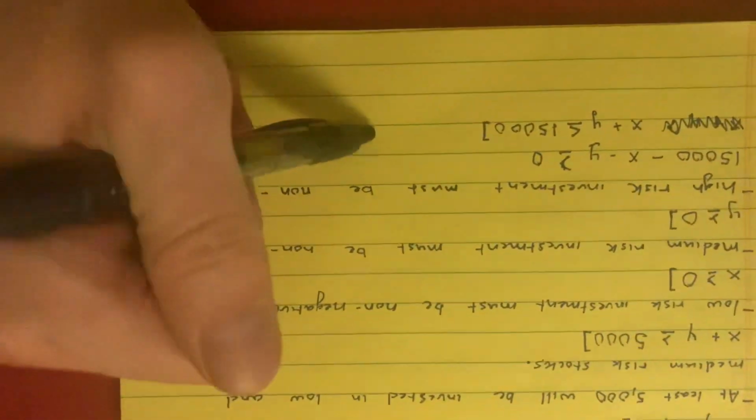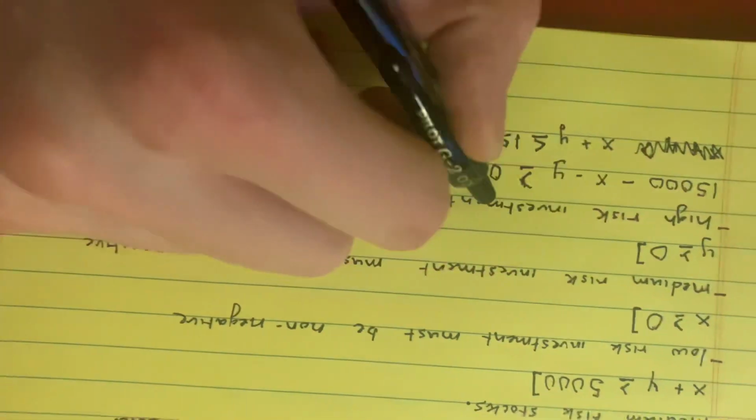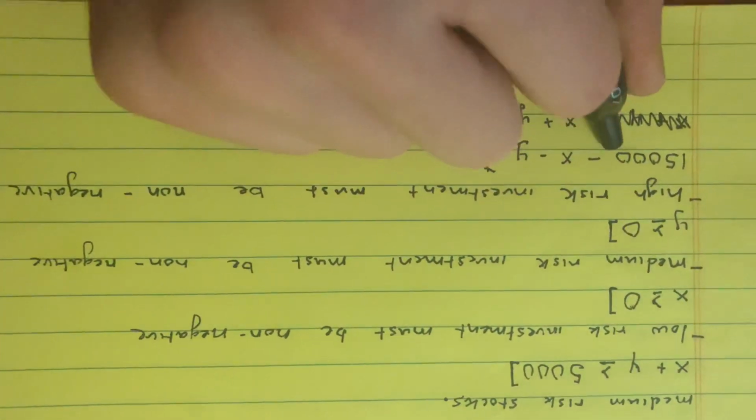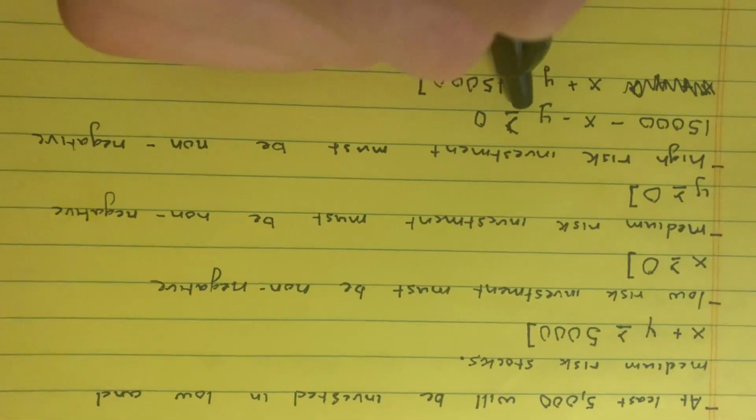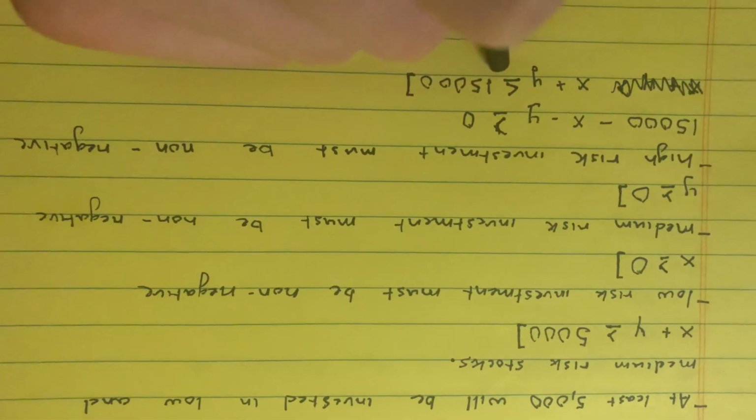They can be 0, but they cannot be below 0. Since we don't actually know the high risk investment, we take that $15,000 that Ms. Smith was given to invest with, we subtract out the low risk investments, and we also subtract out the medium risk investments, and we know that all together must be greater than or equal to 0.